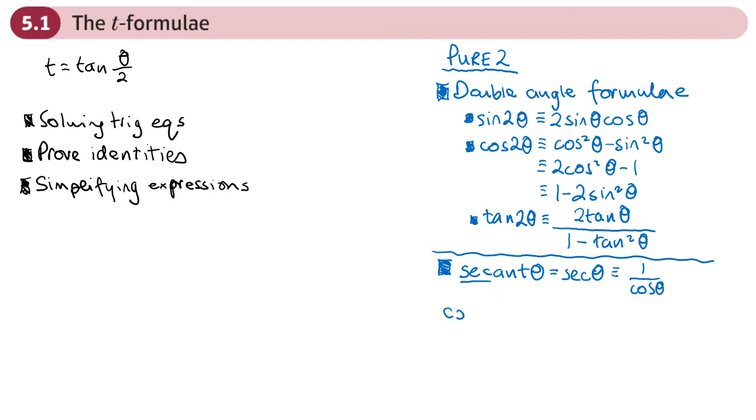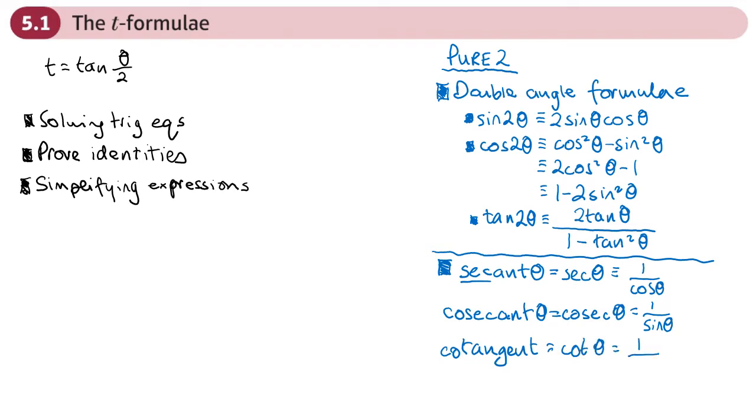So cosecant theta, the definition of that is 1 over sine theta. And then we have cotangent, which we abbreviate to cot, and that definition is 1 over tan theta. Okay, so this is what you'll need from Pure 2.